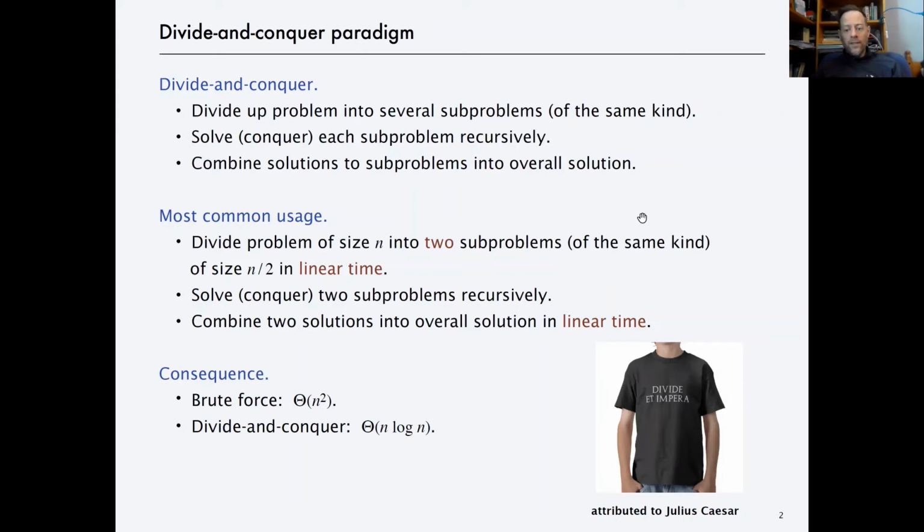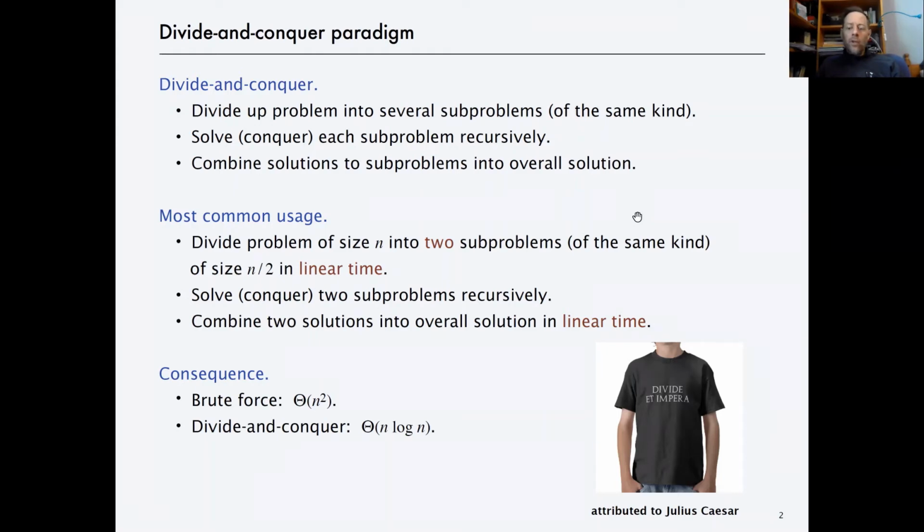Then you solve these recursively, so that's the conquer step. You divide and then conquer. You solve each subproblem independently, and then you need to combine these partial solutions into a global solution. So you break down the problem into smaller parts, solve the smaller subproblems, and then compute the final result based on that.